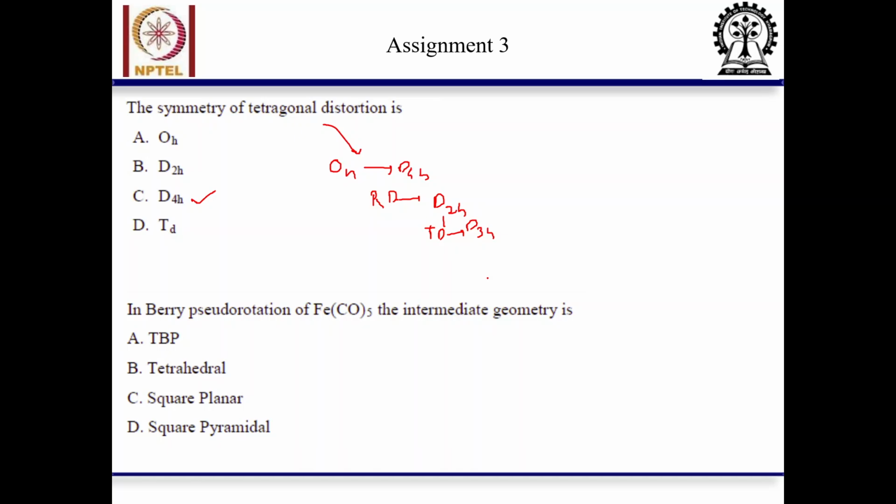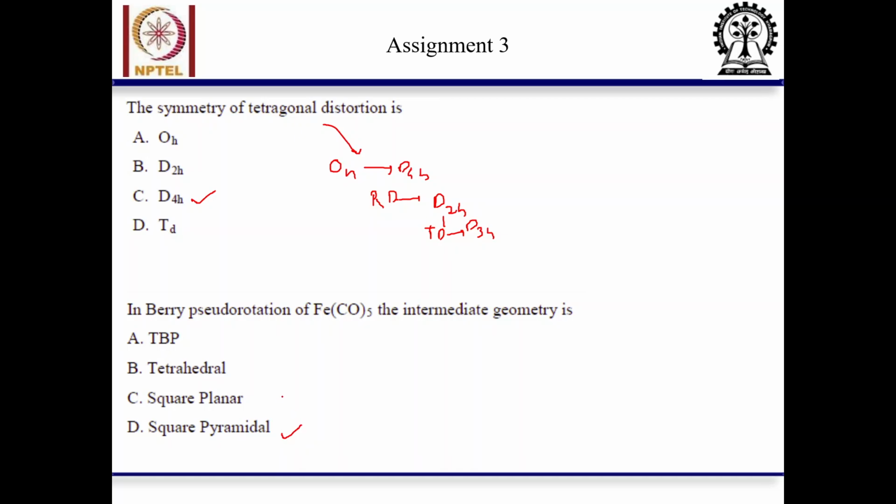Anyone? In Berry pseudo-rotation of Fe(CO)5, the intermediate geometry is. What is the answer to this? Okay, so let me tell you.